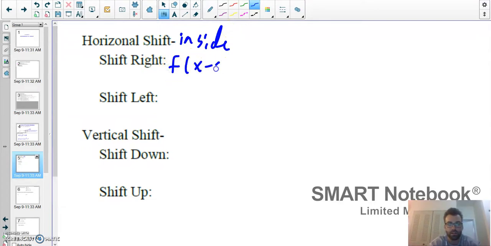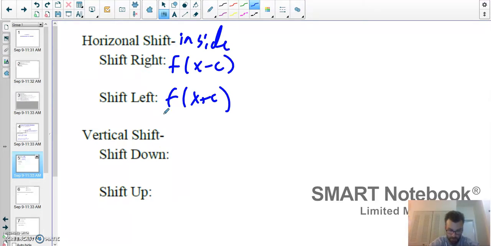Like you saw before, f of x minus c, if I'm going to shift left, it's f of x plus c, where c is any value, just a constant. Minus c, I shift to the right, which is the opposite of what you think. Plus c, I shift to the left.